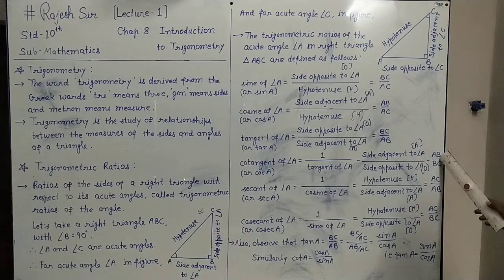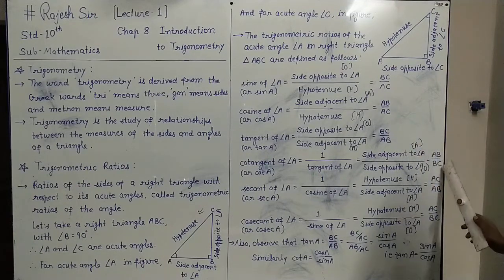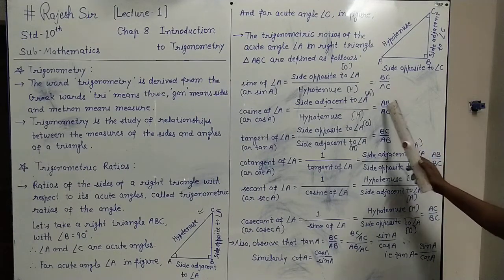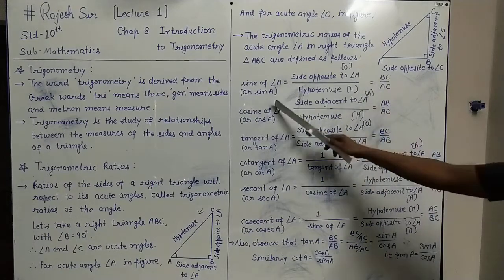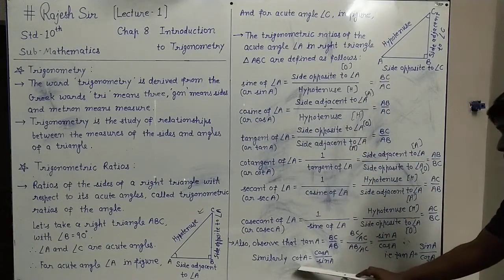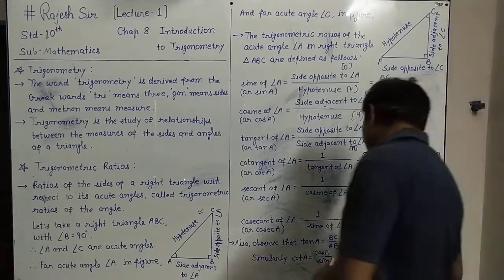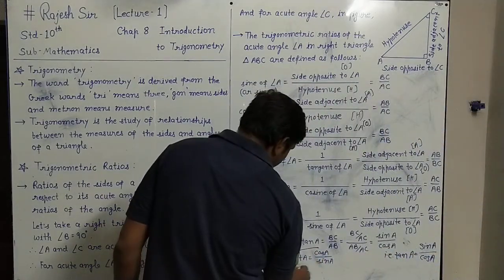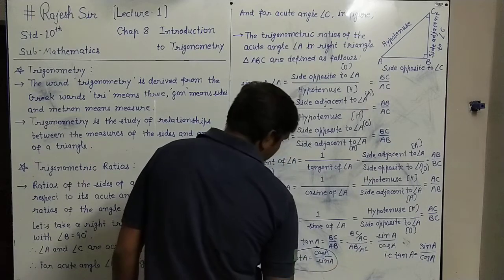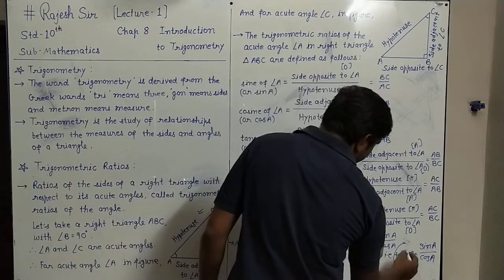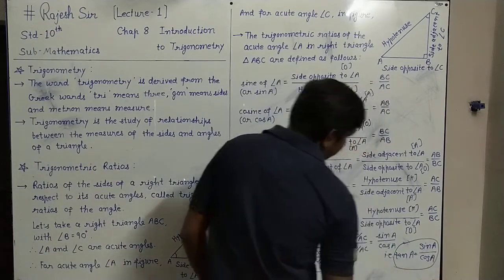If you divide both up and down by AC, it will be AB upon AC and here BC upon AC. So it becomes up there cos and down there sine. So similarly you can write cot A equals cos A upon sine A. So these two formulas also we have to remember: cot A equals cos A upon sine A and tan A equals sine A upon cos A.